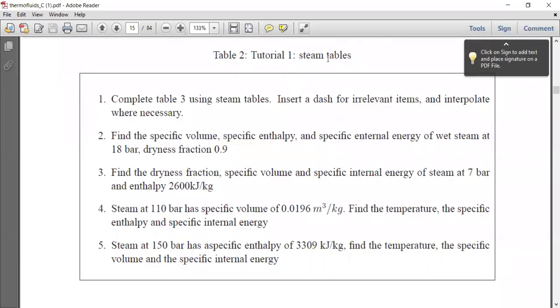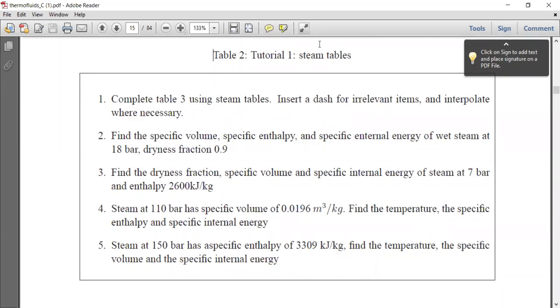Yes, tutorial 1, you are referring to steam tables. So I have a question. What is the purpose of learning steam tables? If it is just for passing the exam, I think the purpose is not good enough.